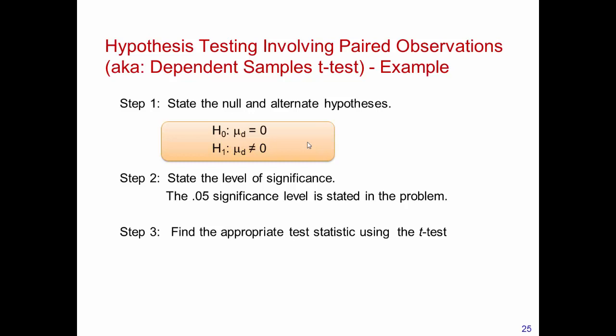If the population of the differences is 0, we would conclude that there is no statistically significant difference in the appraised values. And then the alternate, of course, is that the mean of the sample differences is not equal to 0. And where do we expect to see the rejection region? Again, it's a two-tailed t-test, so we should expect it on either end of the distribution.